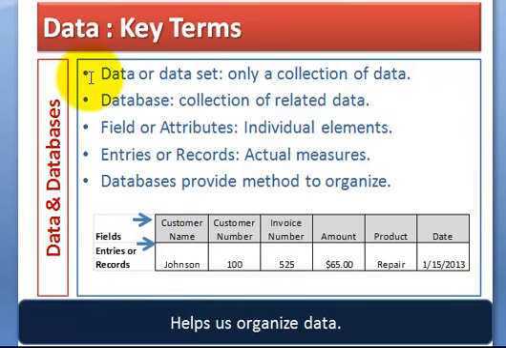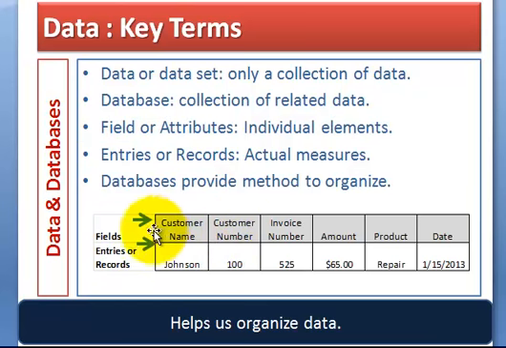First of all, data or a data set is only a collection of different data, a collection of different information. When we put it into what's called a database, then we have a collection of related data, or data that's consistent and related to each other. Then we put it into what are called fields or attributes, which you can see here, such as customer name, customer number, invoice number.